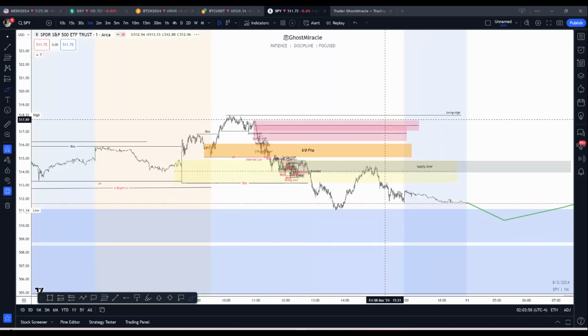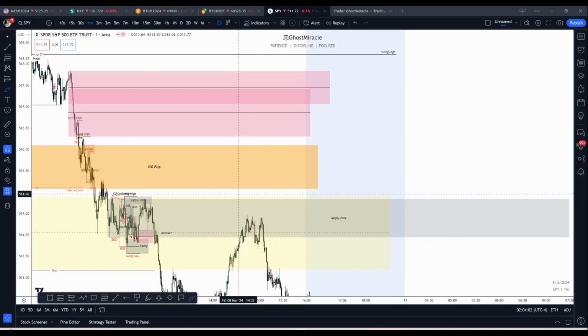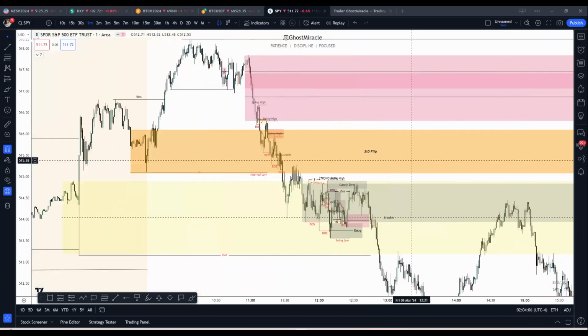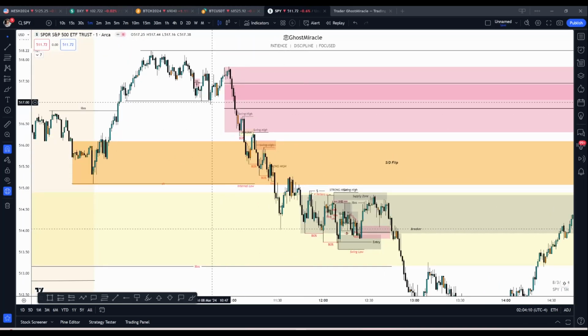So taking those entries, I don't think is necessarily wrong, because you did get at least those confirmations and everything else before taking those entries.